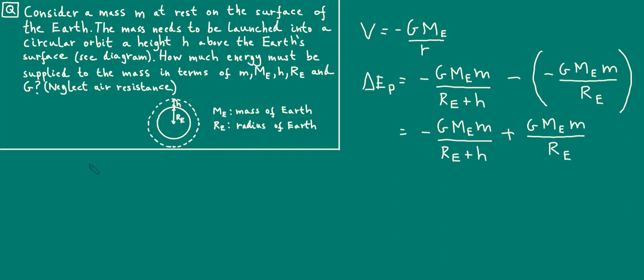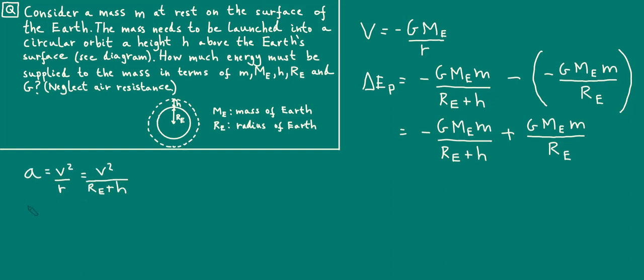Recall that if something is performing circular motion at speed v with radius r, the centripetal acceleration a is given by the square of the speed divided by the radius. And the radius here is just equal to the radius of the Earth plus h.